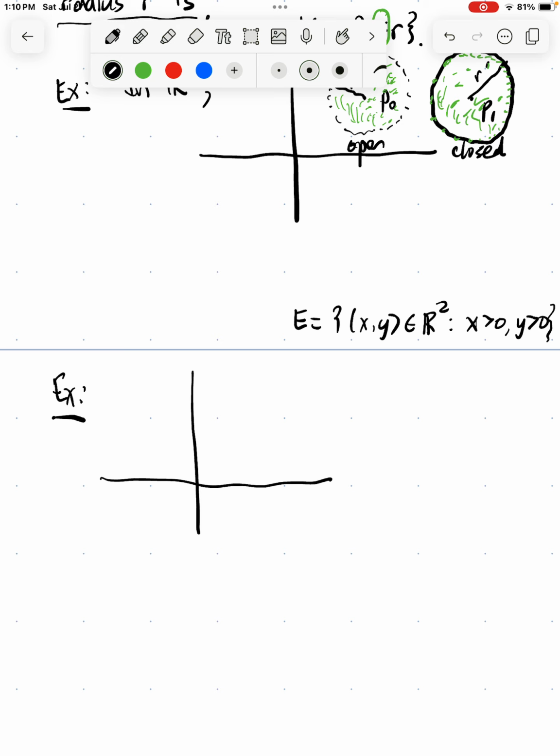Okay, so we're looking at the first quadrant. So E is the first quadrant. Now what would be a closed ball? Let's say that you are here. So let's say this is P naught. And you want this to be your R.